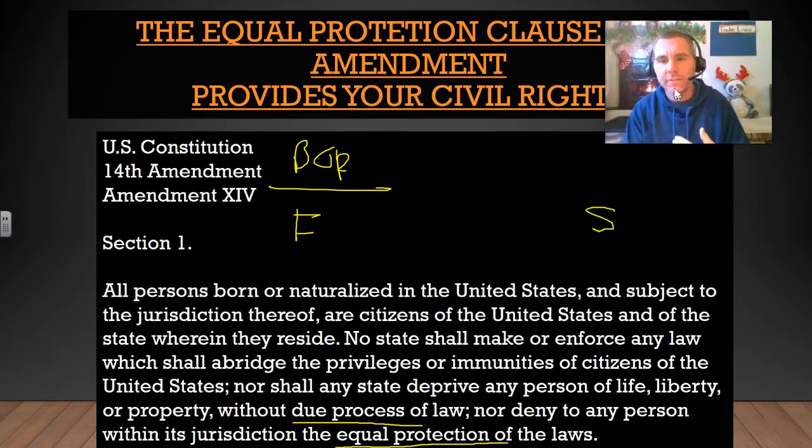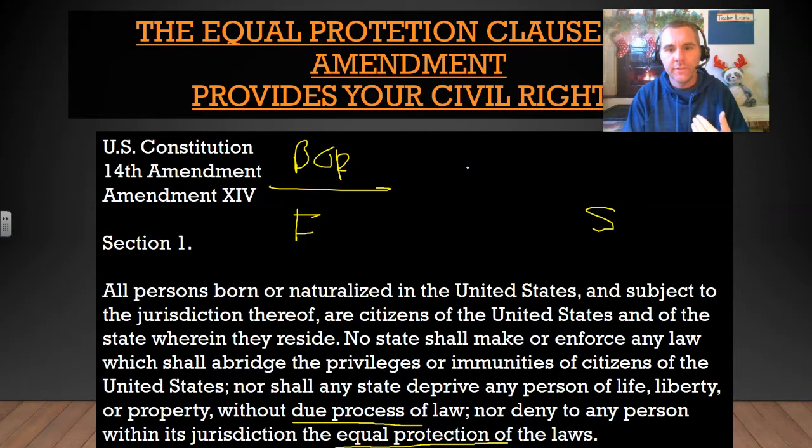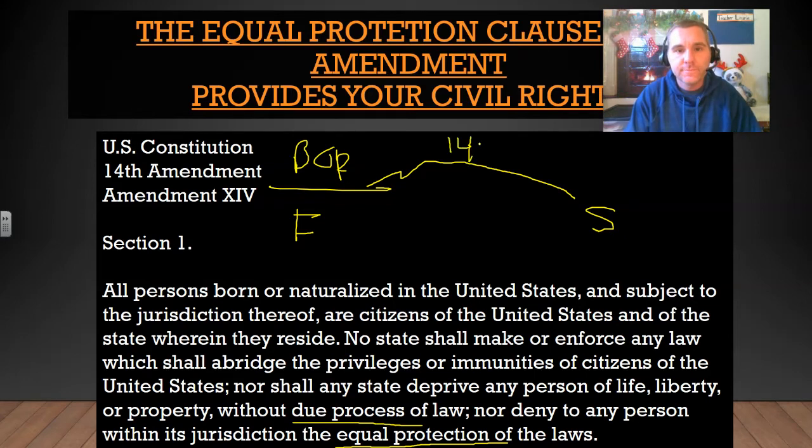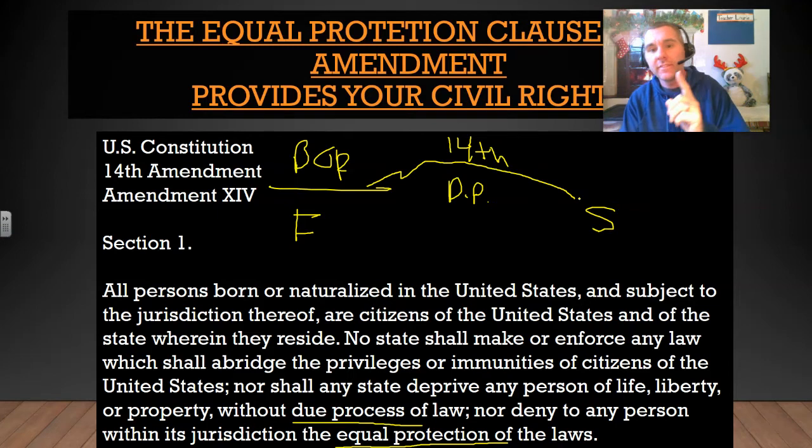They had their own constitutions and their own provisions. But because of the 14th Amendment and the due process clause, now some of these Bill of Rights have been extended over to the states. In fact, most of them have been.